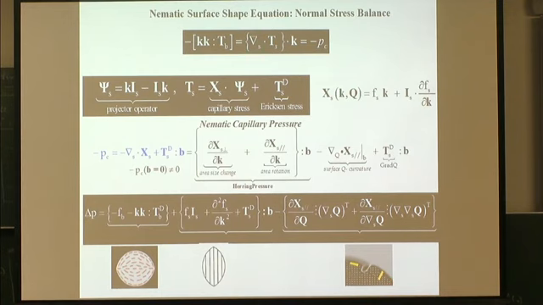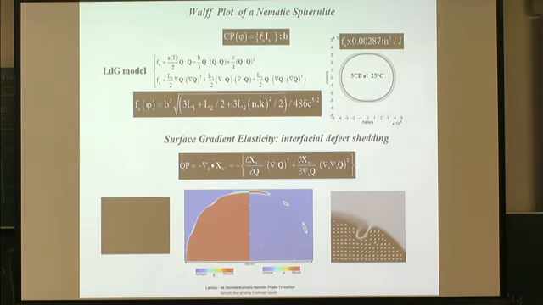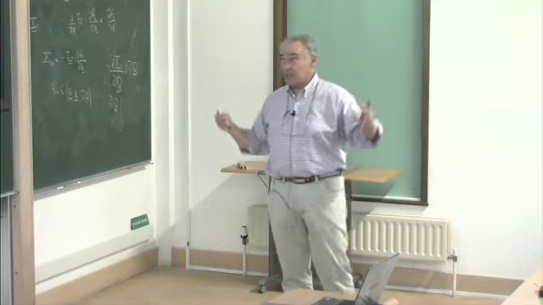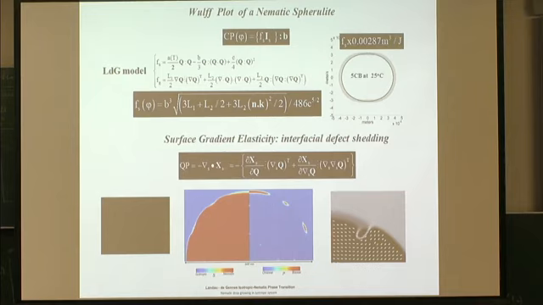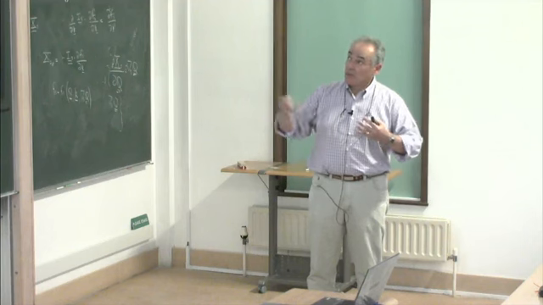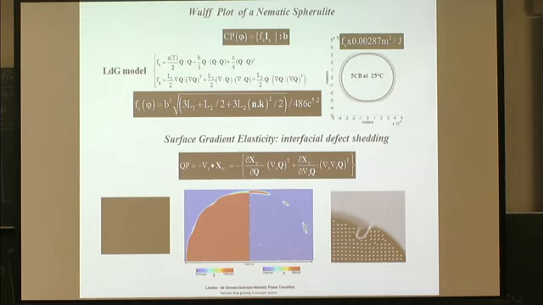So the first term, the Laplace pressure. I want to show the Wulff plot, which is a polar plot of the interfacial energy up to a scale. If you don't have any shocks, you have a smooth shape, and the shape of the drop should correspond to the polar plot of the free energy. This is the Landau-de Gennes model, a liquid crystal drop growing at 25 degrees Celsius.